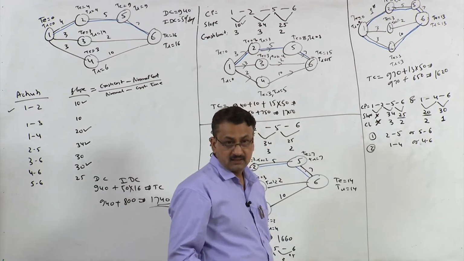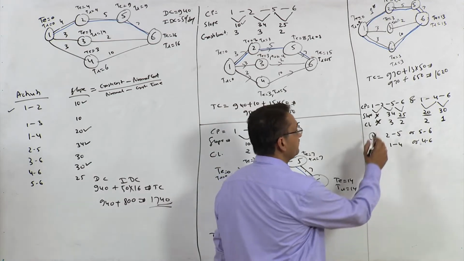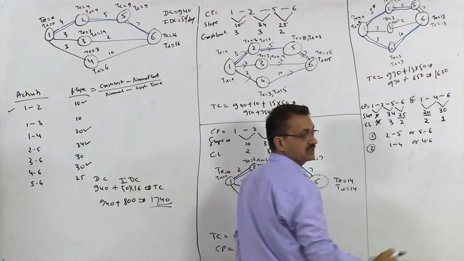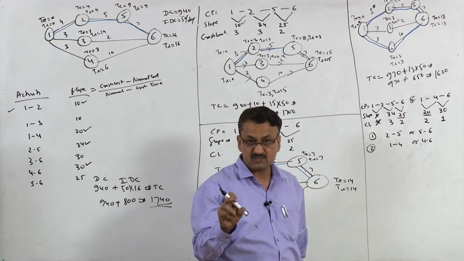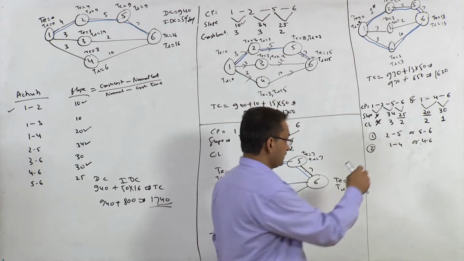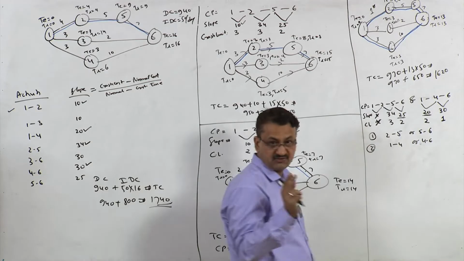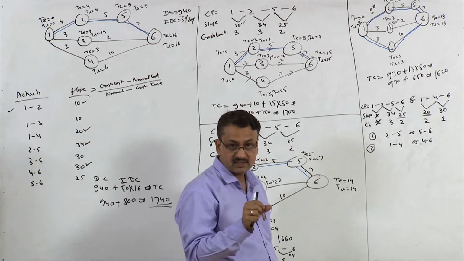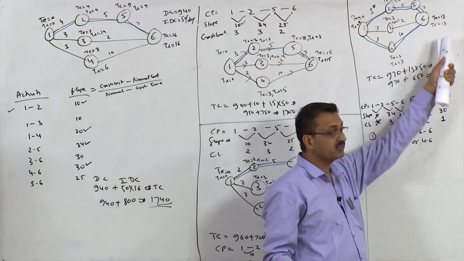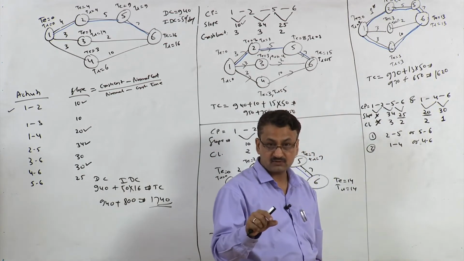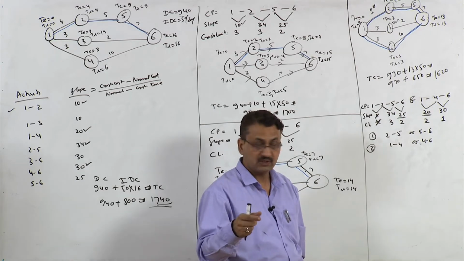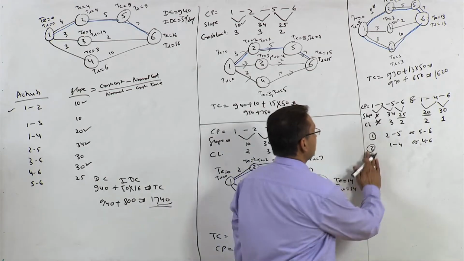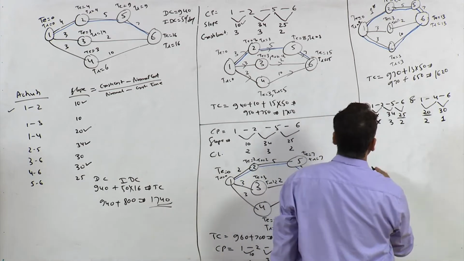So what to do here? You have to select activity 5.6 because it has got the least slope, and activity 1.4 because it has got the least slope. The cost will increase by how much? 25 plus 20, 45 rupees, right? So direct cost will increase by 45 and the duration of the project will come down by 1 day. So indirect cost will decrease by 50 rupees. Again the total cost will decrease by 5 rupees. So let us go for this option.